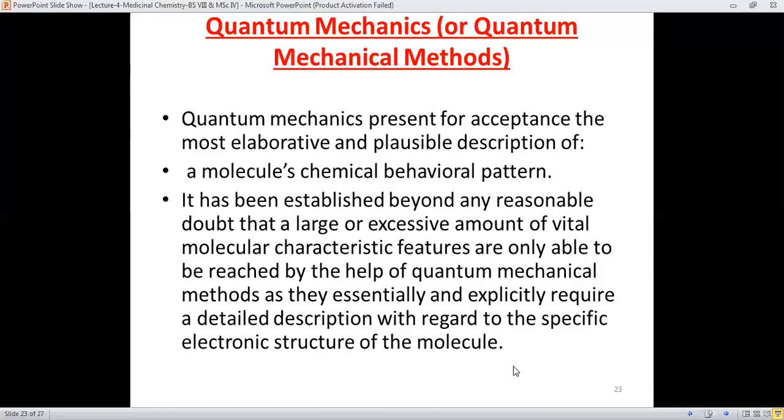It means that the different molecular characteristic features can only be interpreted or described by quantum mechanical methods, as they explicitly require a detailed description of the electronic structure of the molecule. It means that in this whole paragraph, what's the emphasis on?